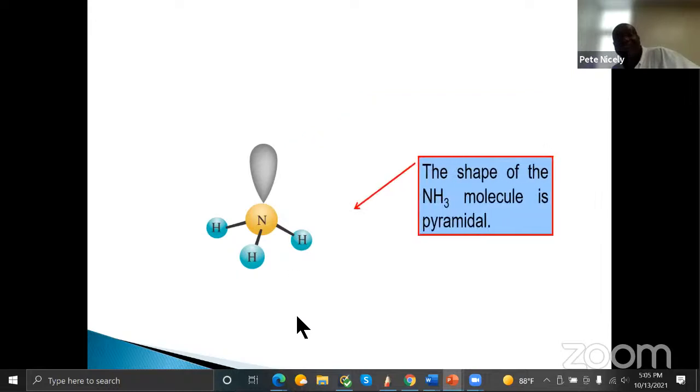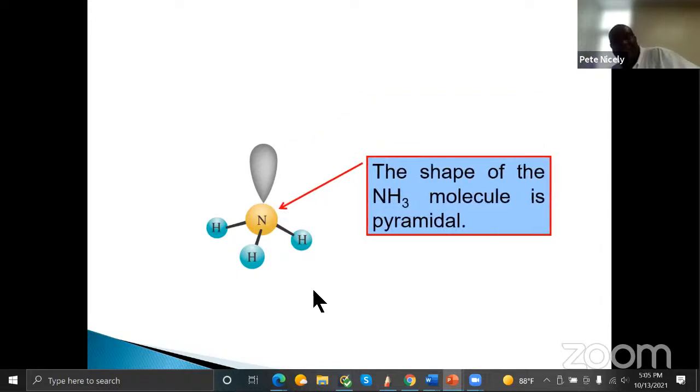So we call this shape a pyramidal shape based on the 3-dimensional arrangements of the atoms. And that's basically the arrangement of any molecule where you have a central atom bonded to 3 other atoms, and there's a lone pair on that central atom. The shape will be a pyramidal shape, all right? So that's what happens in the case of ammonia.